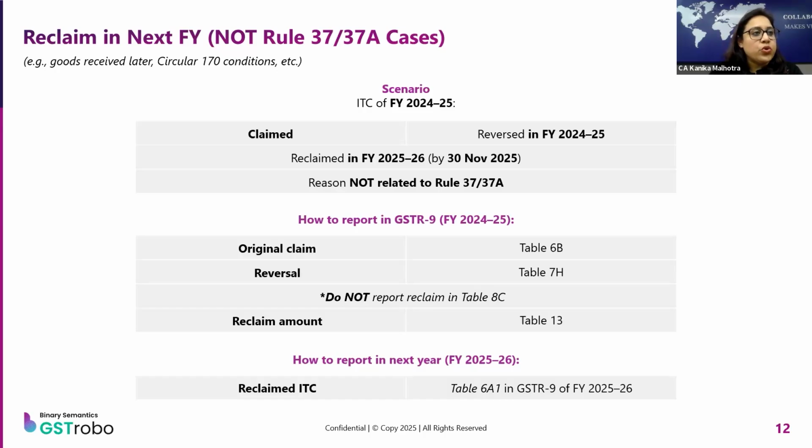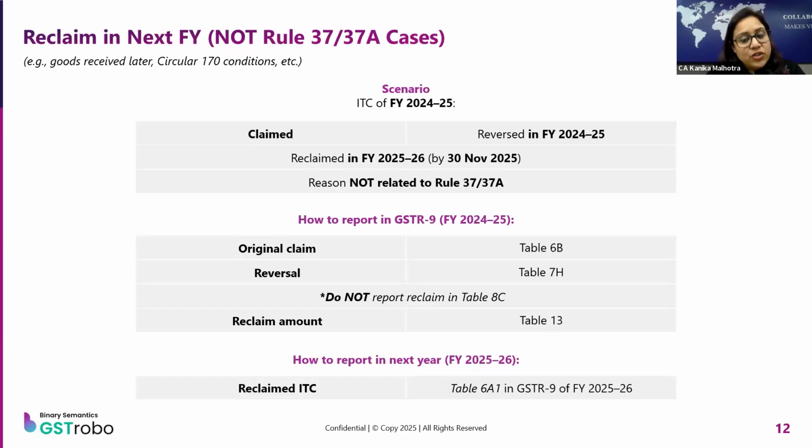Table 13 gives you, you need to reflect those ITCs that belong to this financial year, but you're claiming in the subsequent financial year. That is 24-25 ITC that you are going to claim in 25-26 up to the specified period.